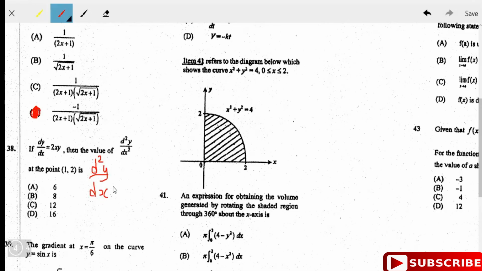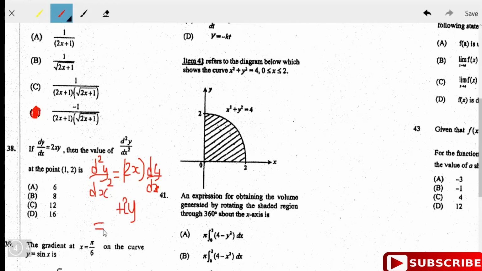You keep the first, 2x, that's your u, times dv. When you differentiate y, you get dy dx. Plus, you keep the second, y, then you differentiate the first: you differentiate 2x, you get 2.